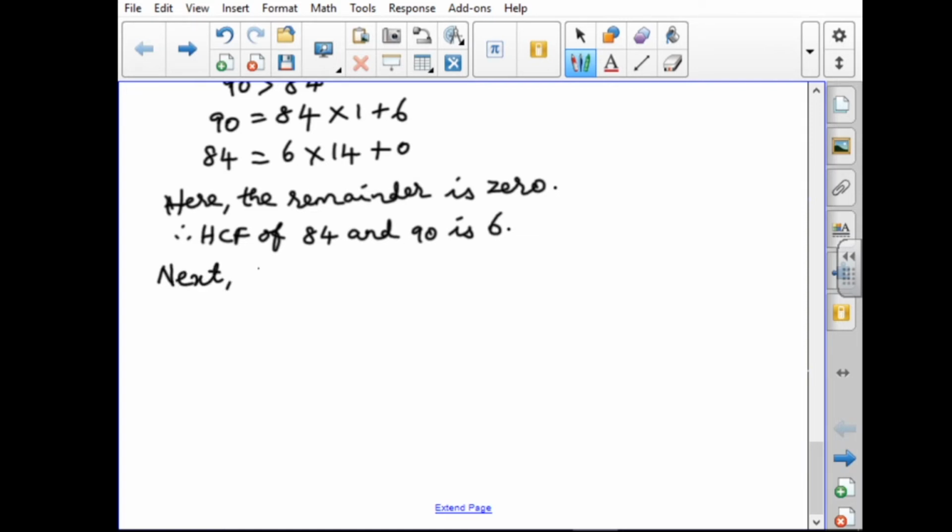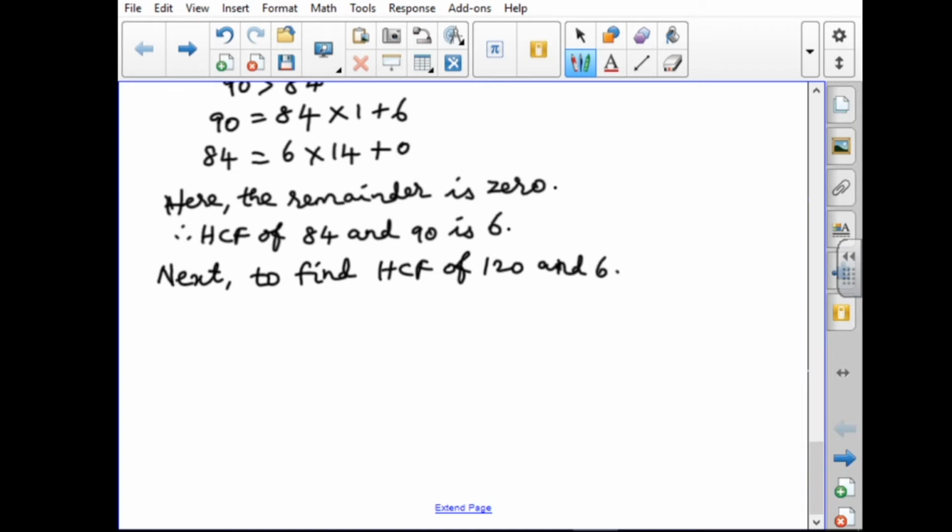Next, to find the HCF, the third number is 120. And we have got the first HCF, that is 6. So these two numbers you have to use and find the HCF, the HCF of 120 and 6.